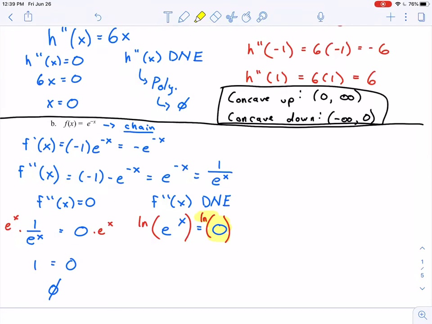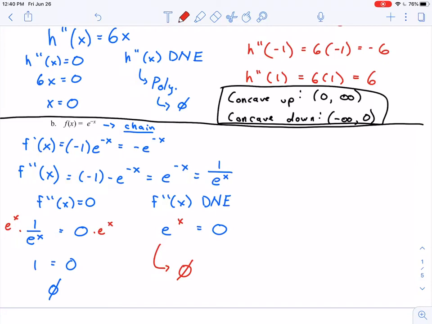It'll say error domain. It's because 0 is not in the domain of the natural logarithm. So what that means for us is, once again, we end up with a situation where we have no solution. There's no x value that makes this equation true. So if I look at e to the x is equal to 0, there are just no solutions to that equation.